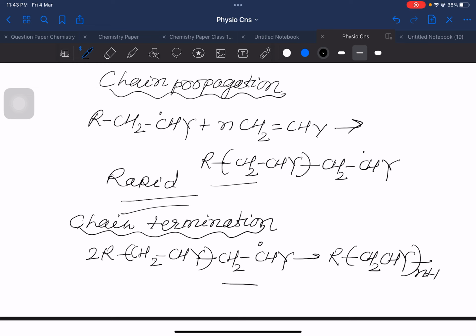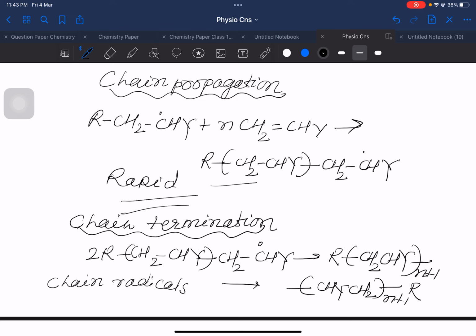This is joined with this, and this is R. This product is formed. It may occur by several processes. One mode of termination is by combination of two growing chain radicals.